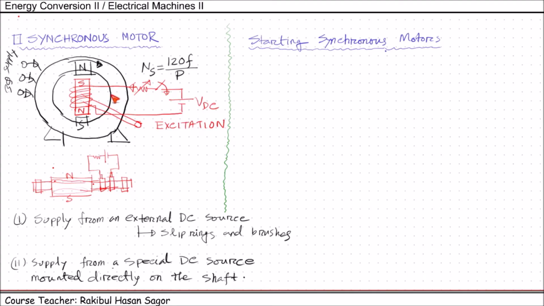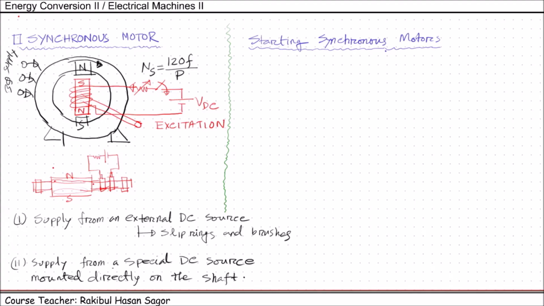The fact that a synchronous motor has no starting torque can be easily explained. To understand the nature of the starting problem of a synchronous motor, let's see the operation of this motor right from the beginning. When we apply a three-phase supply, what happens? At that moment, the rotor is stationary, but the rotating magnetic field starts rotating at synchronous speed.